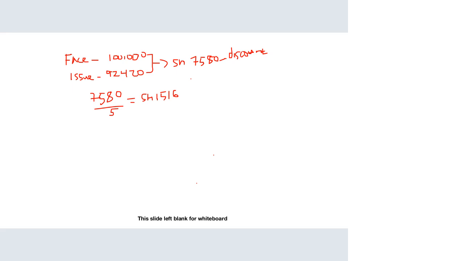You get 8% of 100,000, so that we get the interest payable. That is what we expect to be paid. So 8 over 100 times the face value of the bond, which is 100,000.